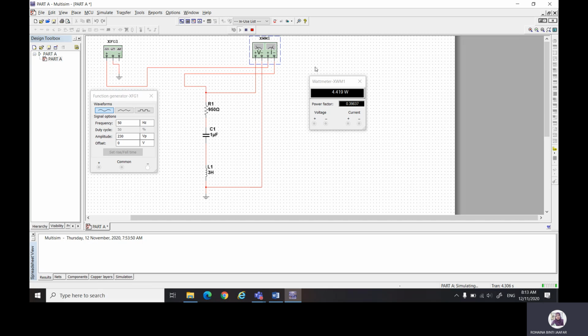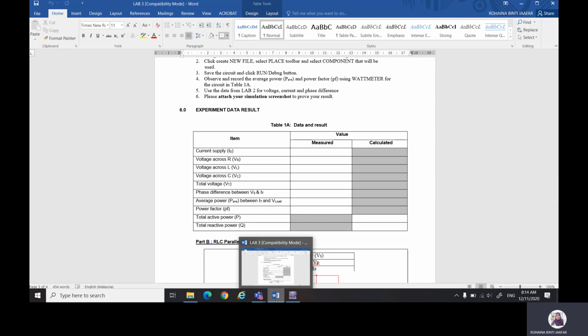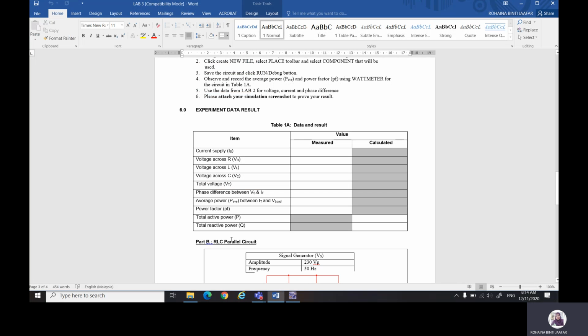Now you can see this value is your P average, which is 4.419 watt. And then your power factor is 0.39837. This is your value of power factor.